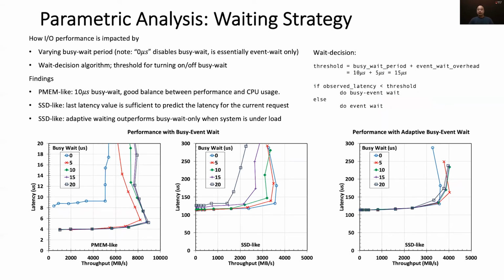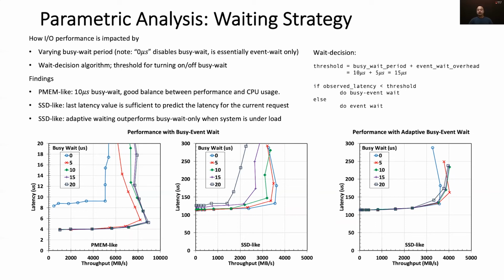It can emulate the timing characteristics of different storage devices. With adaptive waiting, we predict at runtime if a FUSE request or reply would arrive sooner than the overhead of an event wait. If so, it will be worthwhile to bid wait for a short period. Otherwise, we directly fall back to event wait.